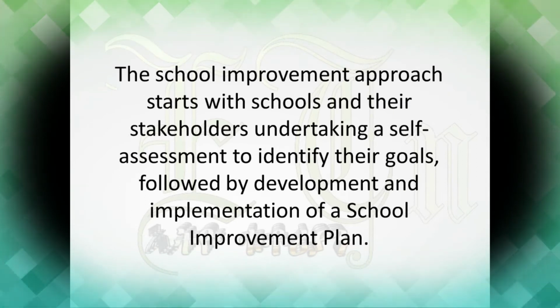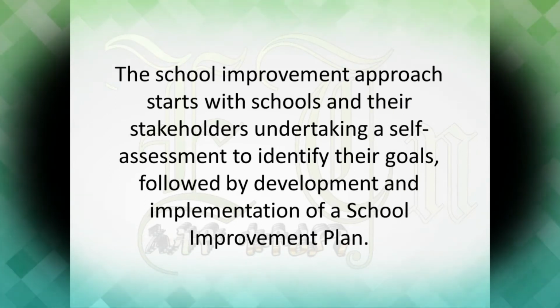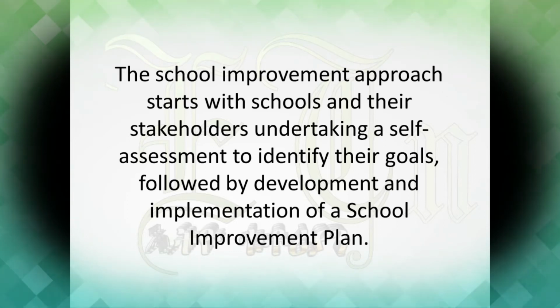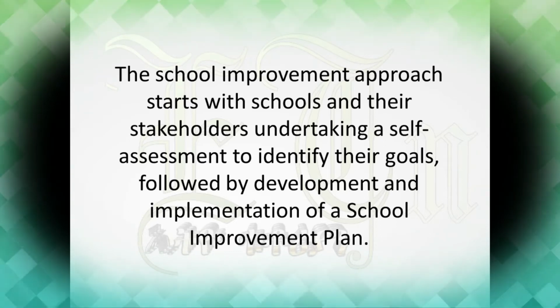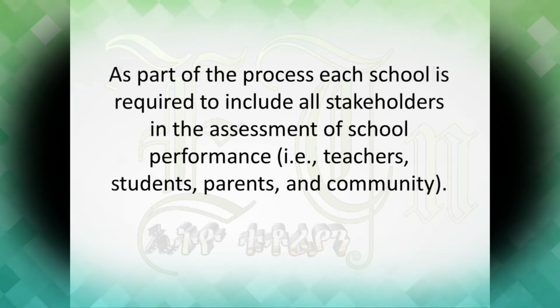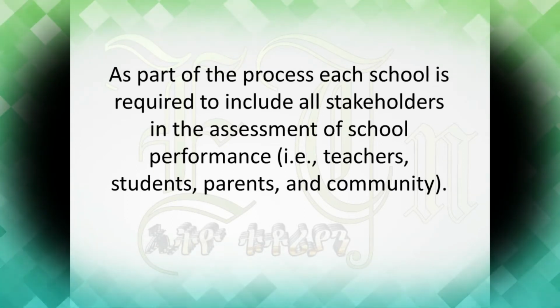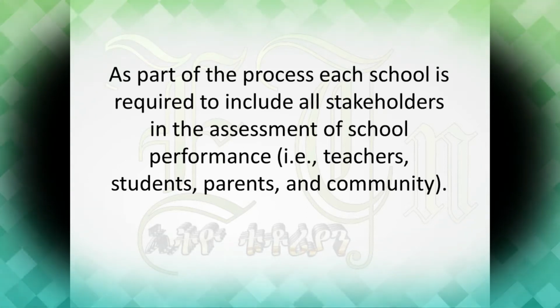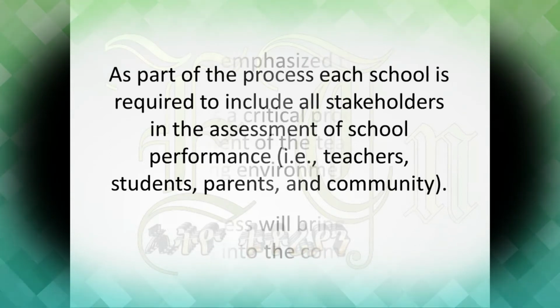The school improvement approach starts with schools and their stakeholders undertaking a self-assessment to identify their goals, followed by development and implementation of a school improvement plan. As part of the process, each school is required to include all stakeholders in the assessment of school performance, that is, teachers, students, parents, and community.